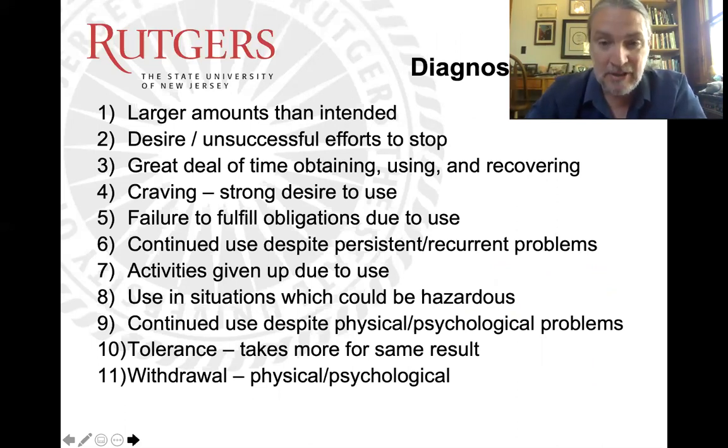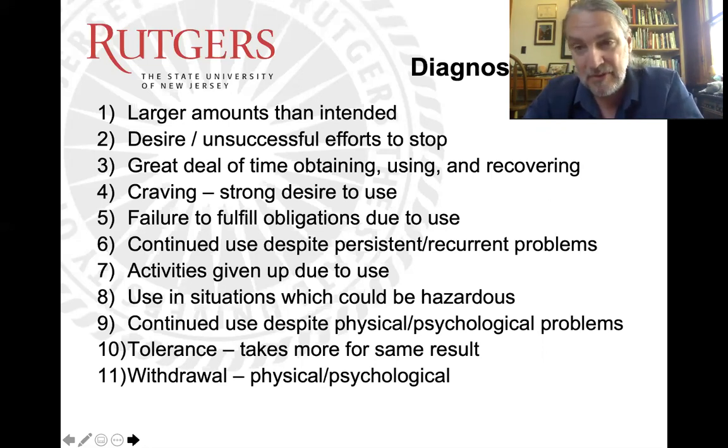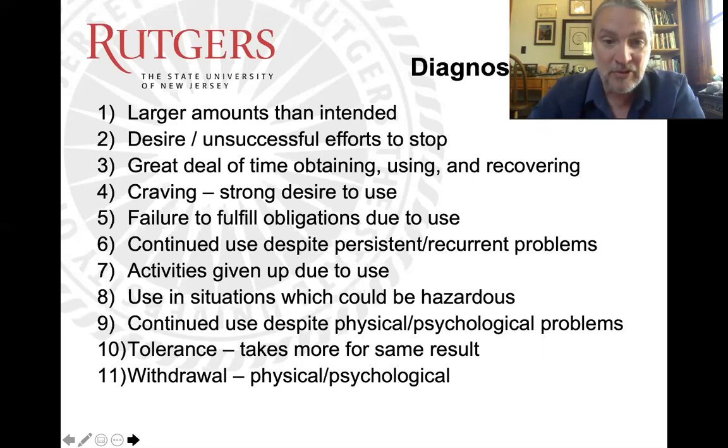Their life basically becomes all about obtaining, using, and then recovering from the use, having cravings, starting to fail to fulfill life obligations and life roles due to the use, the continued use despite these worsening problems, the proverbial downward spiral, giving up activities due to use. The addiction is more important than other aspects of their life.